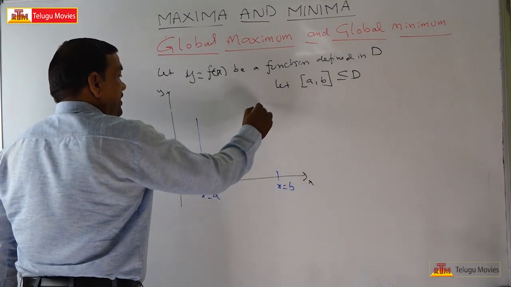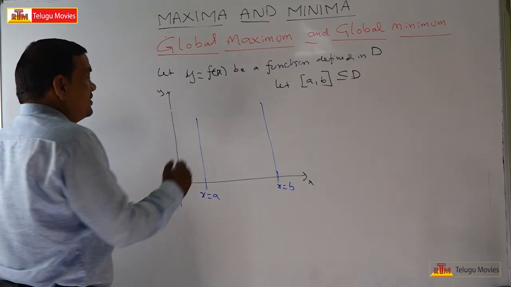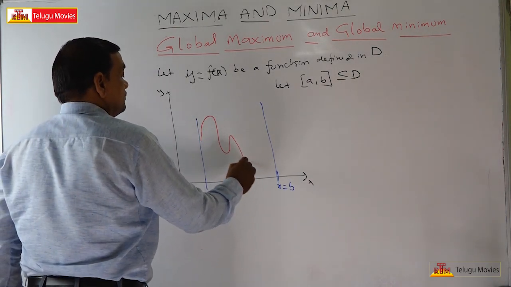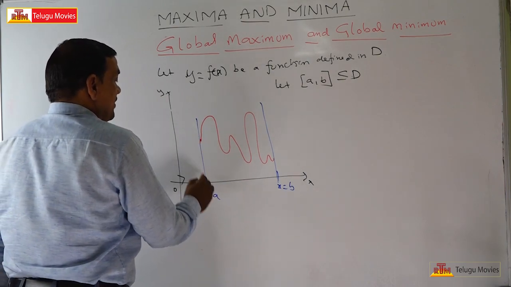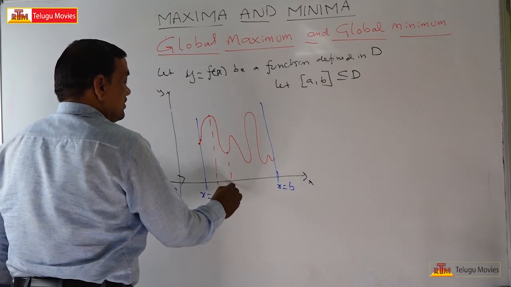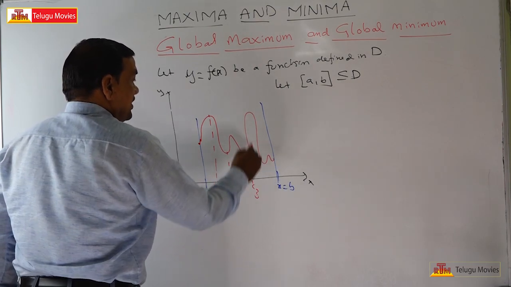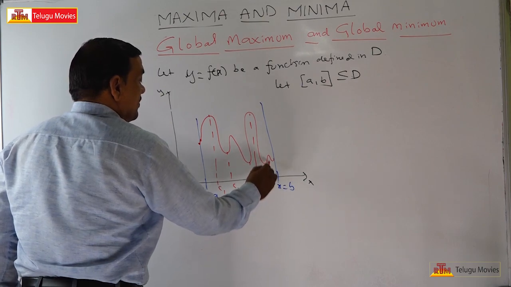So this is the graph here. This is f of a, this is some C1, and this is C2, C3, C4, C5, and so on.